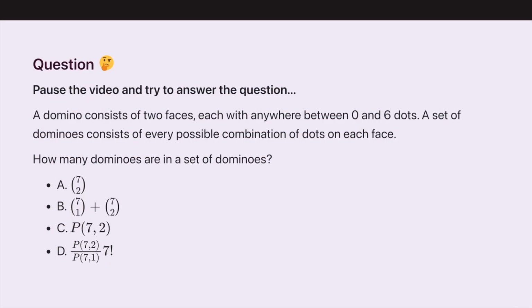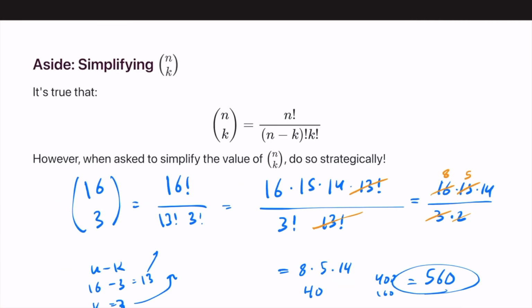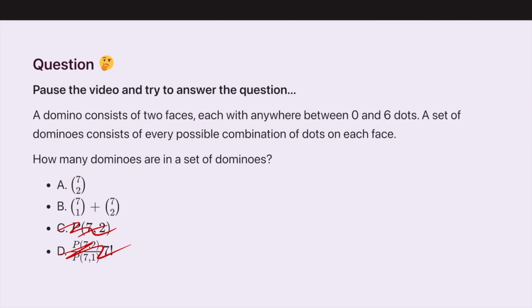Okay, so right off the bat, because this is running pretty long already, we'll just go ahead, and D is kind of meaningless, and C is definitely not the correct answer. So I think most people would probably just guess 7 choose 2, because you just use the equation that you've been given, and you go off to the races.